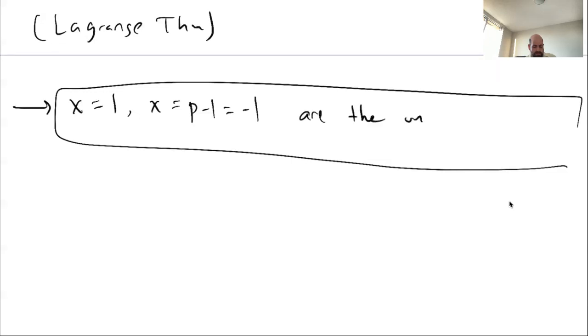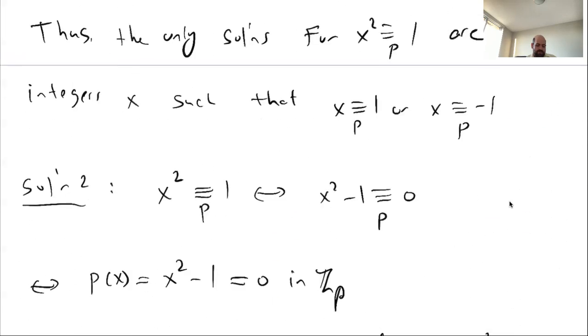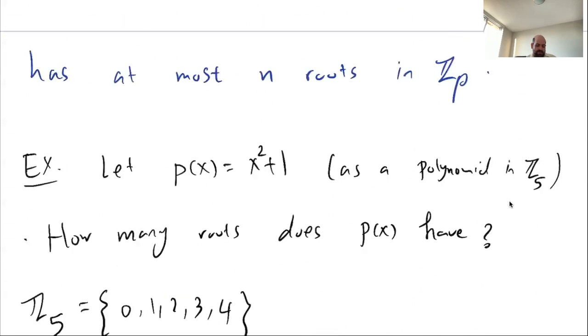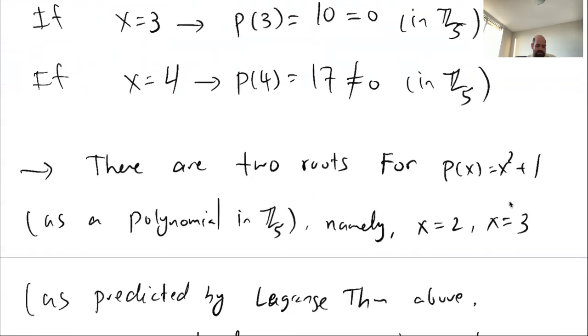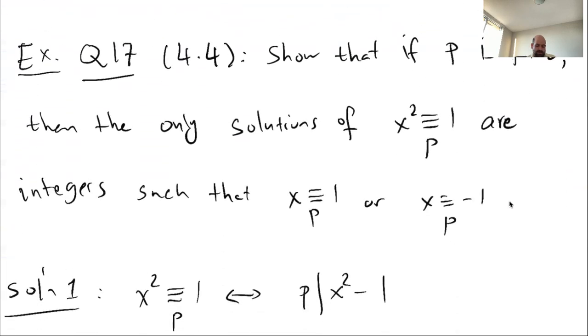These are the only roots in ZP. Right, and that's exactly what the question was asking us to show, that x equals 1 in ZP and x equals -1 in ZP are the only solutions in ZP.